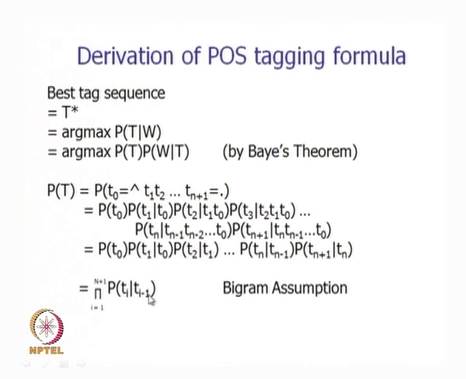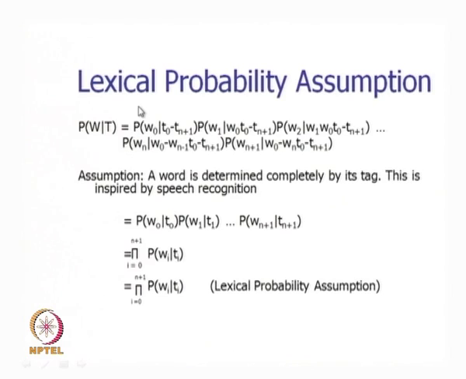P(t_i given t_{i-1}) is nothing but the count of the number of times t_{i-1} is followed by t_i divided by the number of times t_{i-1} appears. All right. We move on to the next probability, which is the lexical probability. So, P(W given T) is shown here, which is equal to P(w_0 given t_0 to t_{n+1}).